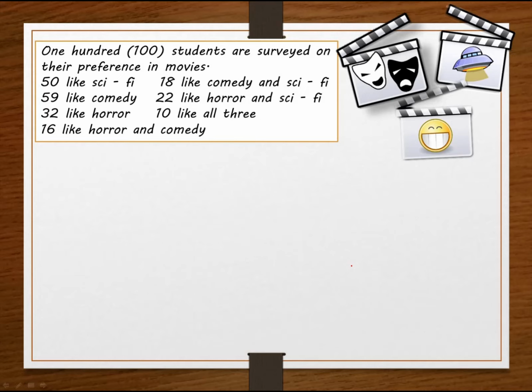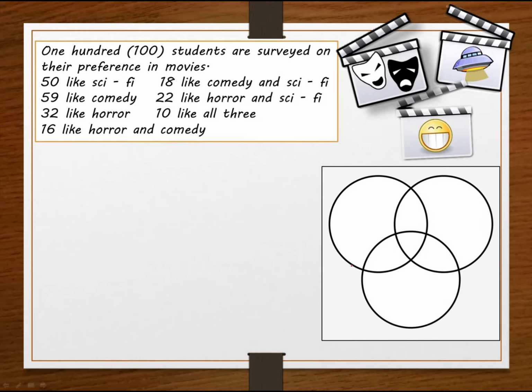Given this problem, there are 3 circles in the Venn diagram. Always remember, in constructing your Venn diagram, always put labels to it. So, of course, the universal set U. Then we let H represent horror, S represent sci-fi, and C represent comedy.